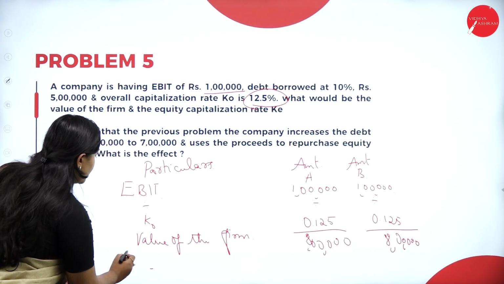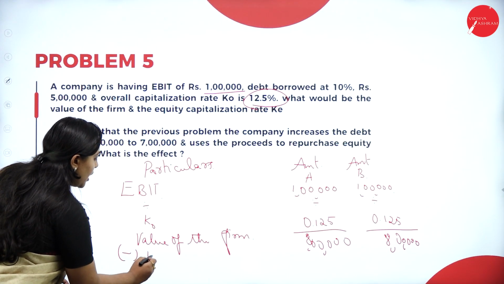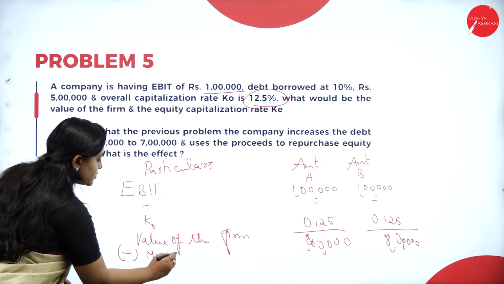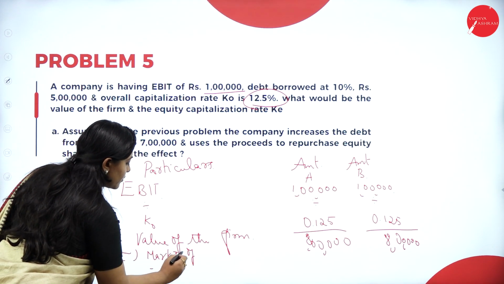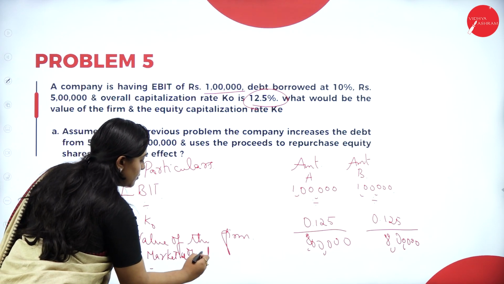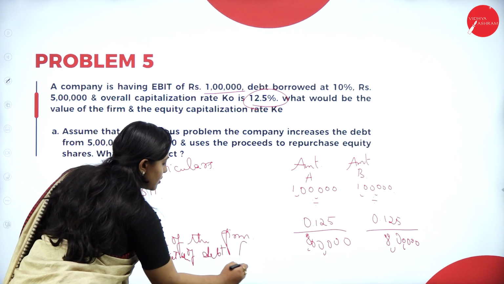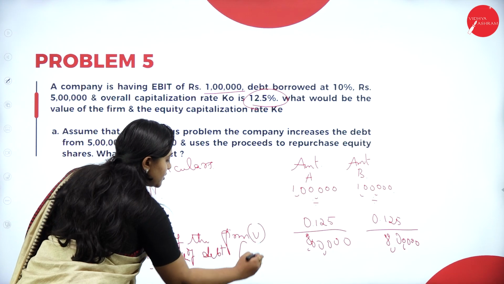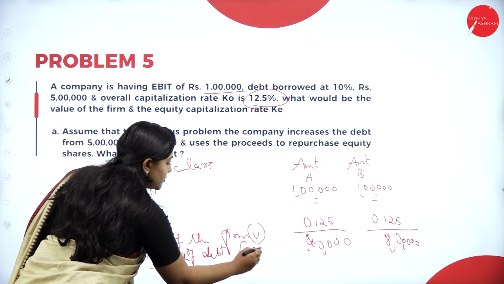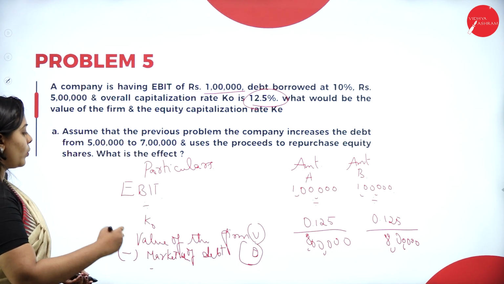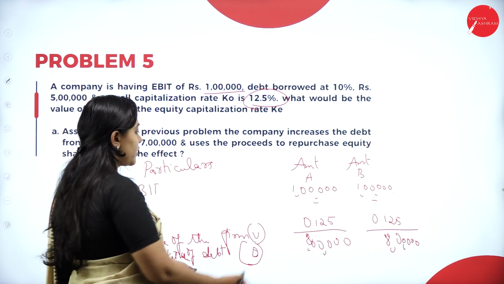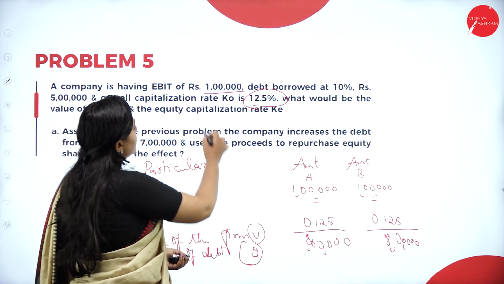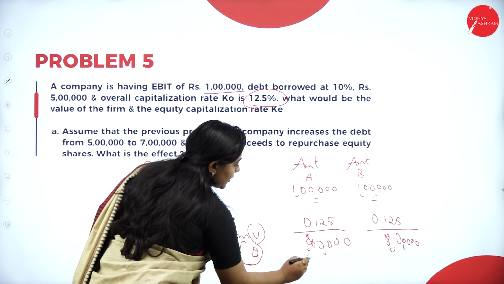So let's deduct the debt. Less market value of debt. This is V, this is E, that is D. So what is the debt for the first case? It is 5 lakh.